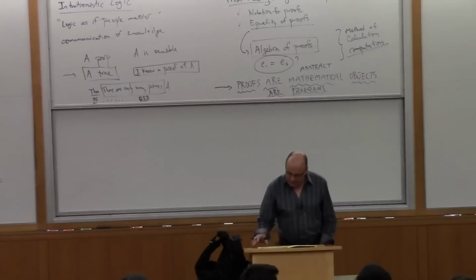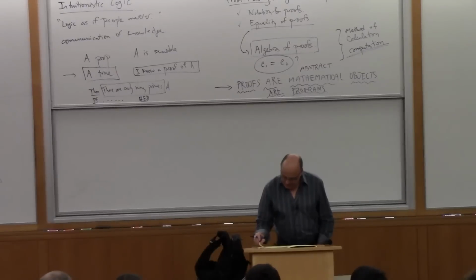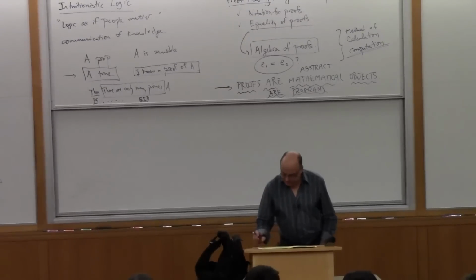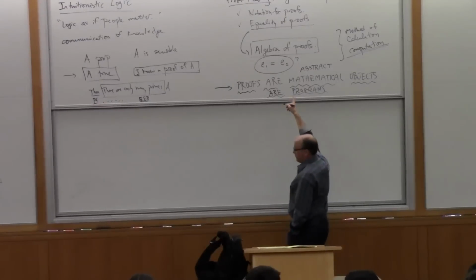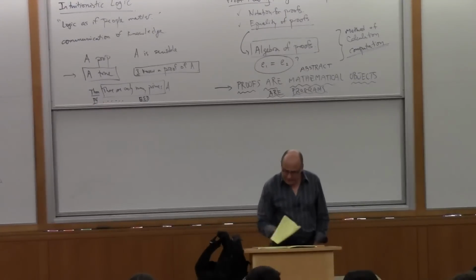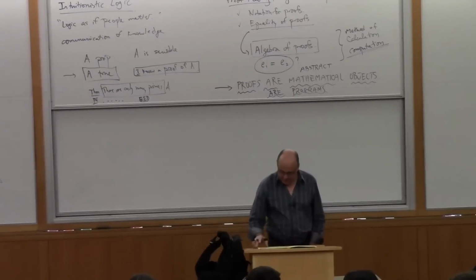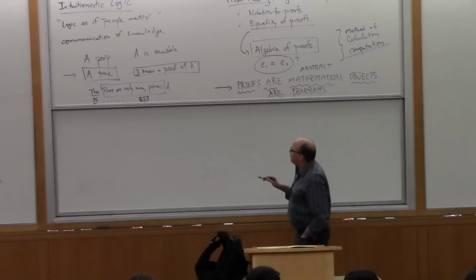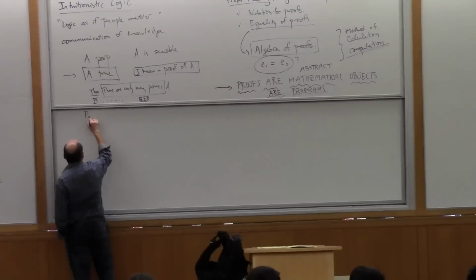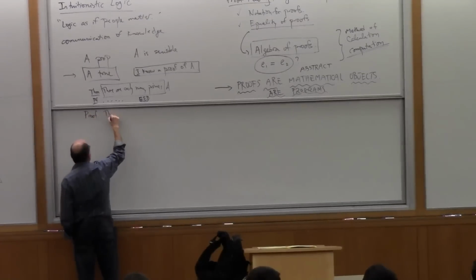Okay, so good. Now I want to say a few things about how this is set up in order to get started. What I want to end up with today is saying something about the notion of equality of proofs. In order to do this, I need to set up a little bit of machinery. There's a few things that Frank is going to develop, and I'm going to write it over here as a chart, on the proof theory side.